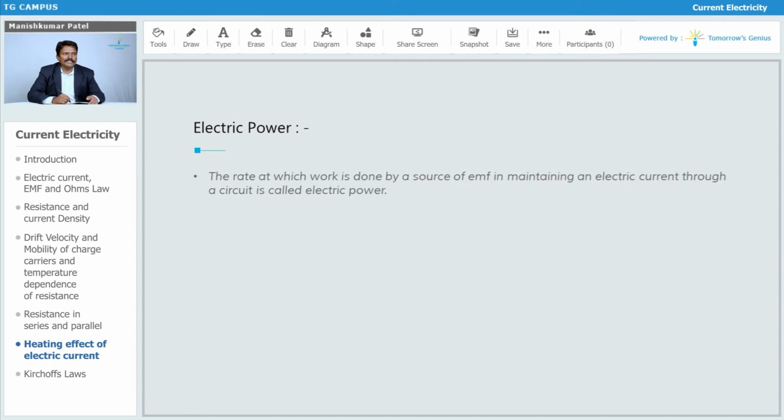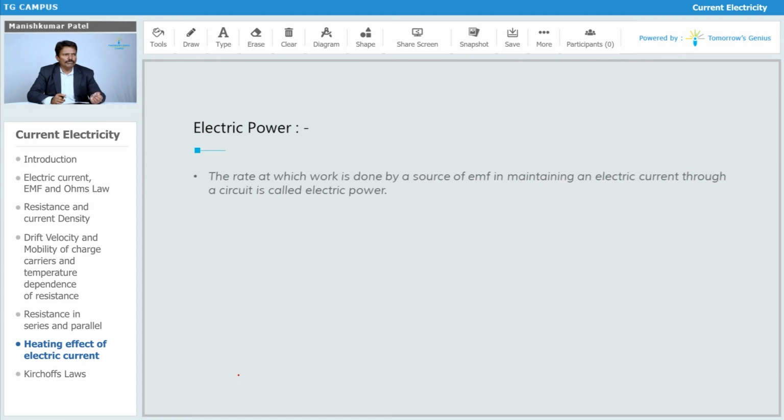Now, what is electric power? Everyone has a different power, meaning the rate at which we are doing work. For example, the power of a 100 watt bulb or a 220 watt bulb. Likewise, everyone has a different rate of doing work.